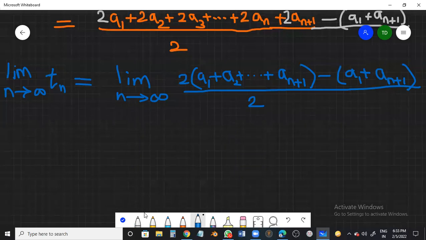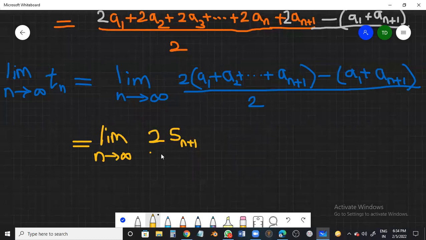So what I'll do is equal to, you can see limit n tends to infinity, this is twice Sn plus 1. Do you agree? This bracket is nothing but Sn plus sum of first n plus 1 terms, and upon 2 I have.